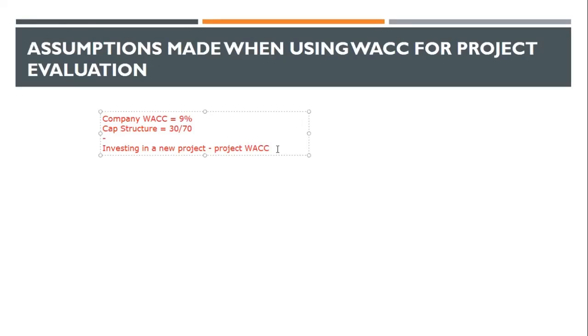Number 2, the company has a capital structure of 30-70. The project has a capital structure of probably 100% equity. So there is no debt in the project. You are doing the project with your own money. So capital structure changed, financial risk changes, and your WACC should change.